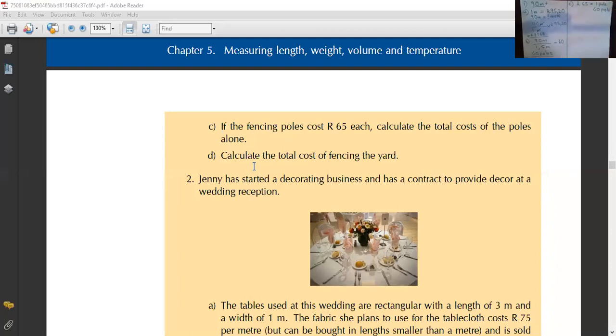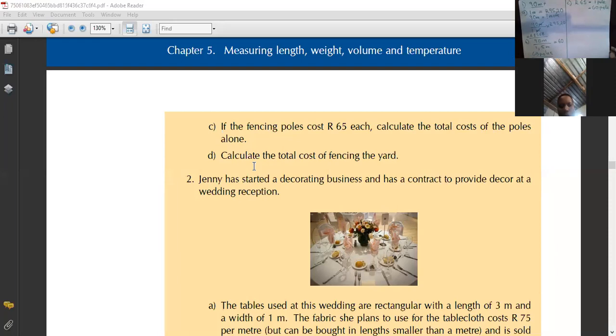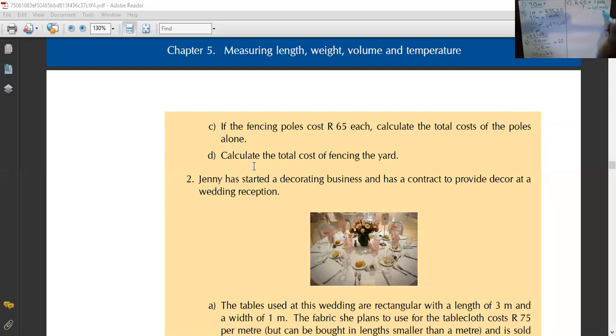So again, I'm always going to use simple proportion, guys, when I can, so that it becomes easy for you. I have a question mark. Am I going to pay more for the 64, or less? Of course, in comparison to one pole, I'm going to pay more, so I'll write more here.